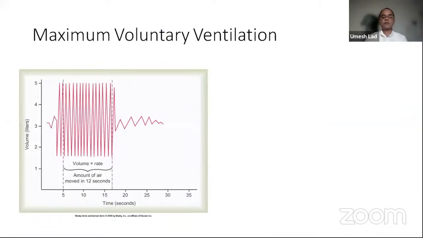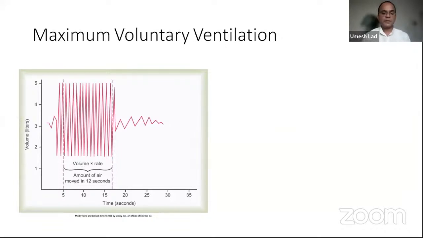What is the maximum voluntary ventilation? In this, what is done? The person is asked to breathe voluntarily with maximum voluntary effort. That is, the person is taking a deep breath, giving out, deep breath, giving out. A normal respiratory cycle is approximately 10 to 15 breaths per minute.